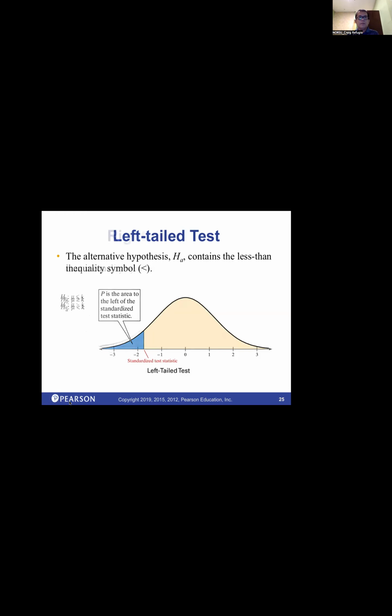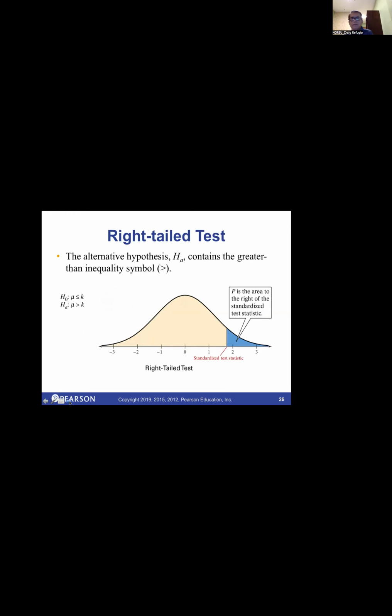Then the next one, the alternative hypothesis HA contains the greater than inequality. As I mentioned earlier, our basis is the alternative hypothesis. So if you look at the alternative hypothesis, mu greater than K, and you look at the graph, this is referring to mu greater than K, the shaded area.